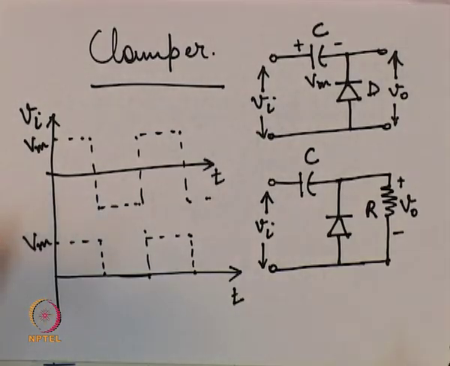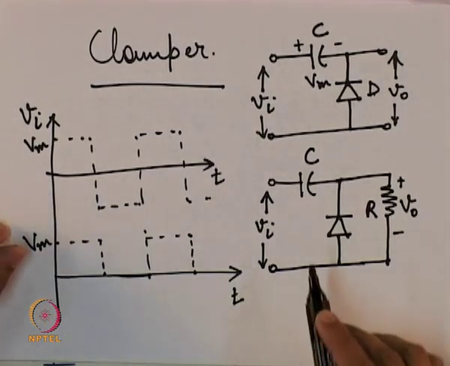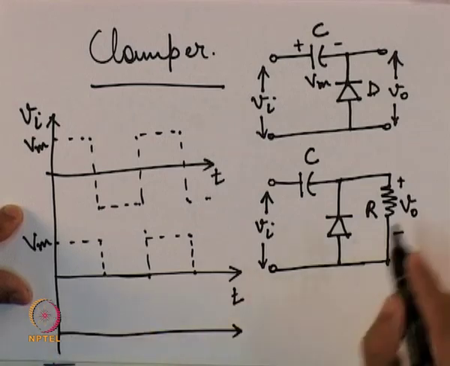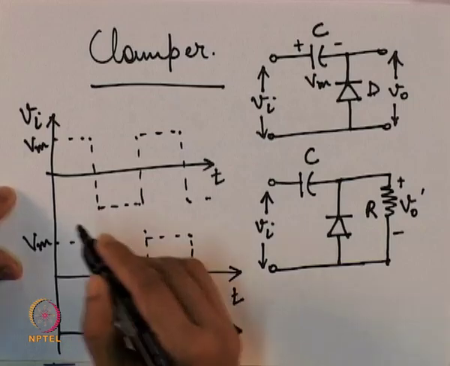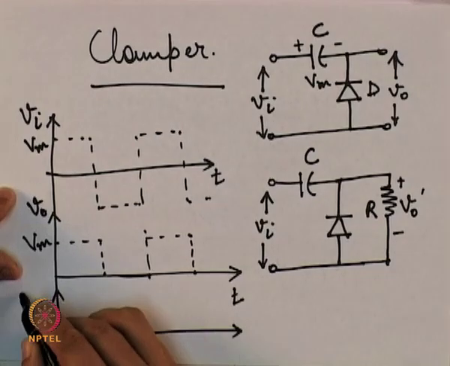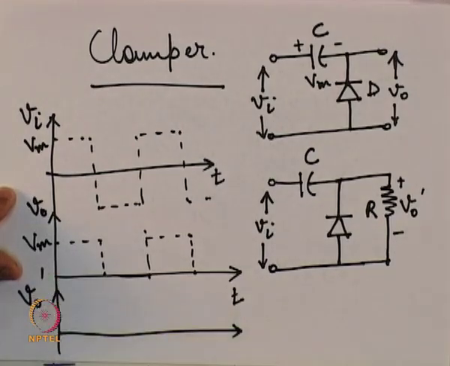Okay. And because of this, what happens, we will get an output like this. So, this is Vo and this is Vo dash.